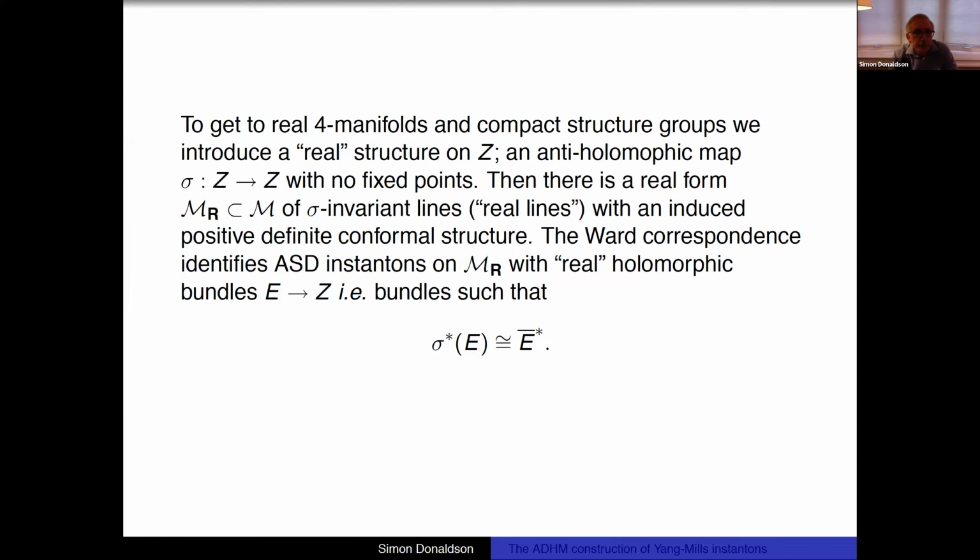Then the Ward correspondence identifies the anti-self-dual instantons on E with what are called real holomorphic bundles. That's to say bundles which, when we pull back by sigma, take sigma star of E, and take the conjugate dual, that's isomorphic to the bundle E.